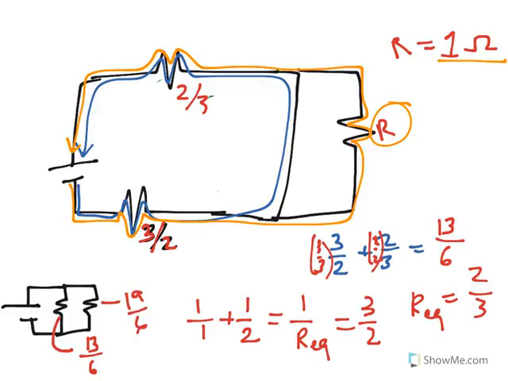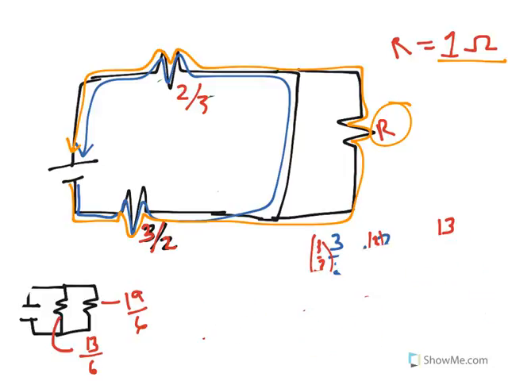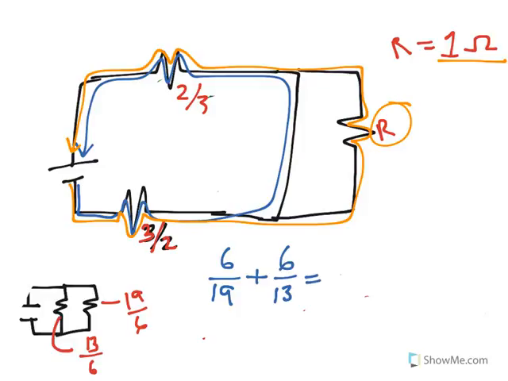And so now our last step is just to simplify this very small circuit. So I'm going to need some more space. But we're going to do 6 over 19 because it's 1 over R1 plus 6 over 13 equals 1 over R equivalent. It's a little bit trickier because 13 and 19 don't really work that well.